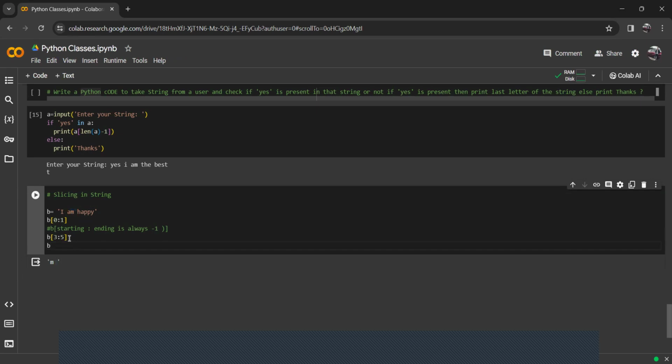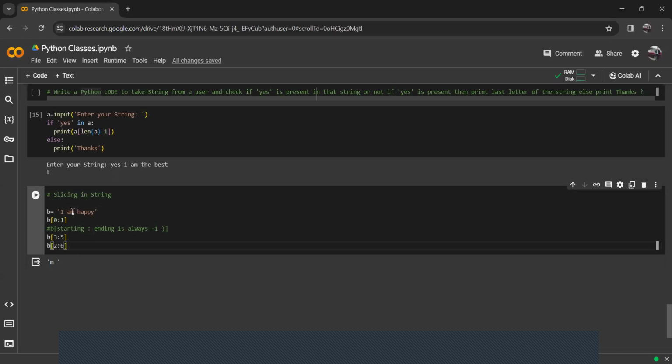Now if I'm writing B, 2, and 6, what will be the output? Starting from 2, 0, 1, 2, starting from A and till the fifth index because 6 minus 1 is 5.